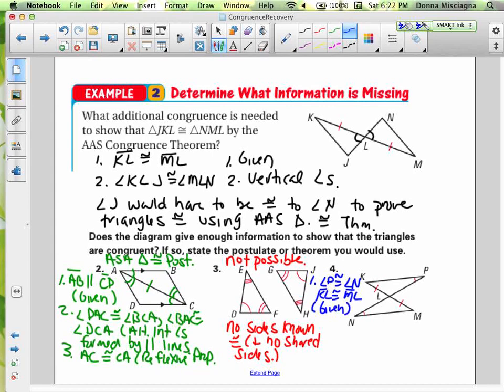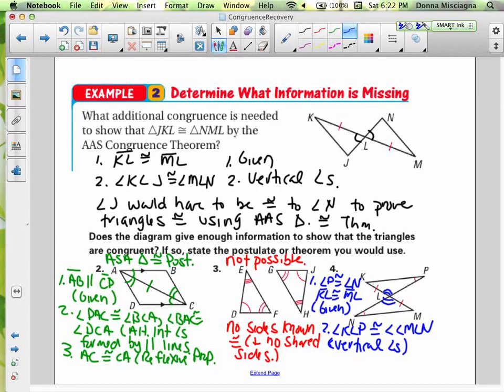And then we know these angles have to be congruent: angle KLP is congruent to angle MLN, because they are vertical angles, and that gives us all the information we need.